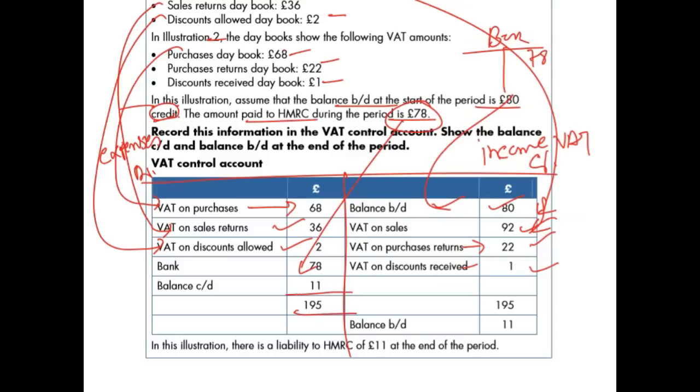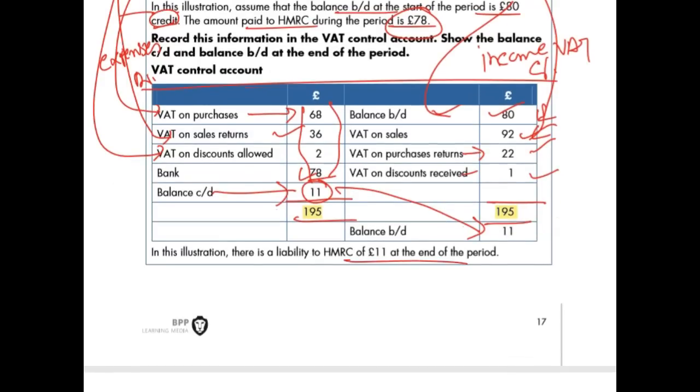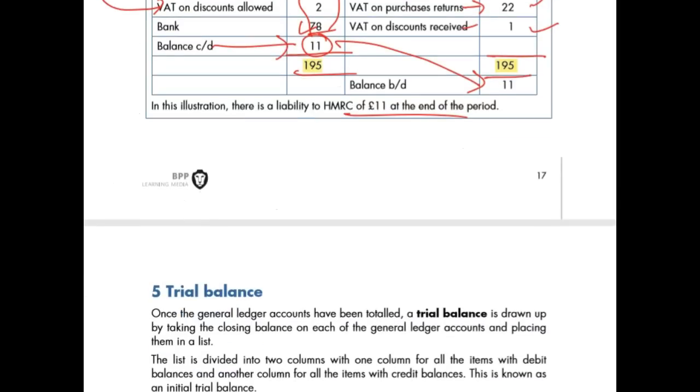Then you do the total. Which side is bigger? The credit side is bigger, 98, 98. Take away all the items from this side and you're left with 11. That is your balance CD, and balance CD becomes balance BD. That means we are liable to pay HMRC the £11, and that's your VAT, everybody.